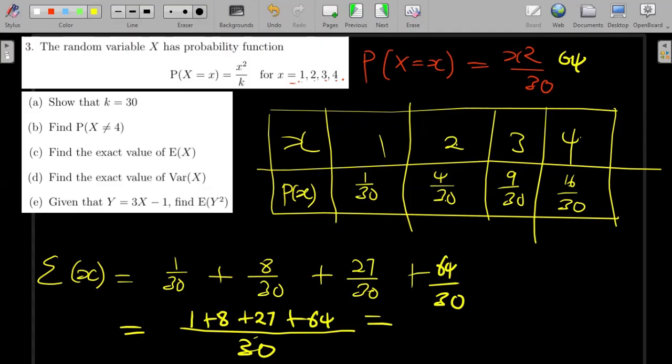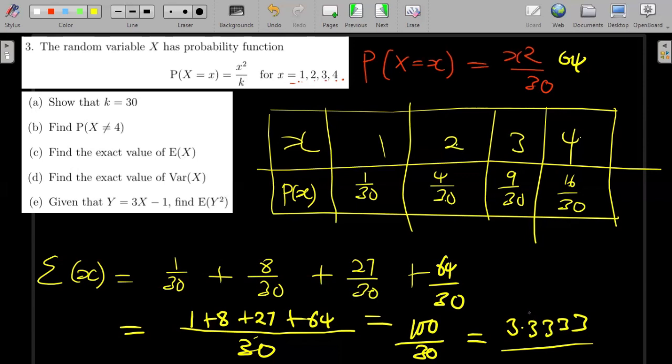So 1 plus 8 is 9. 9 plus 27 is 36. 36 plus 64 is 100. Then I'm dividing by 30. So what am I going to get as my expected value of x? I'm going to get 3.3333. So this is the expected value of x.